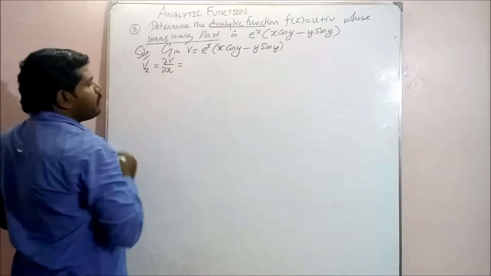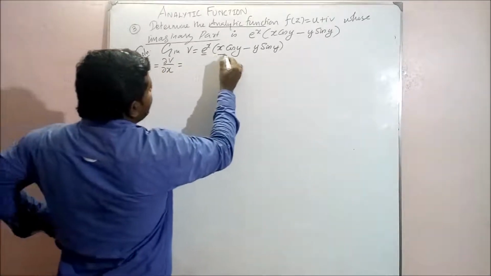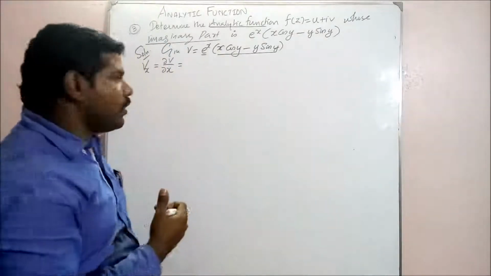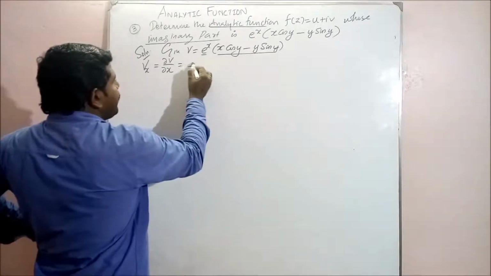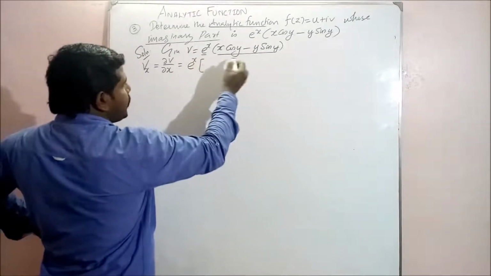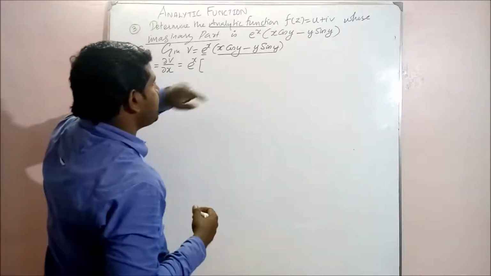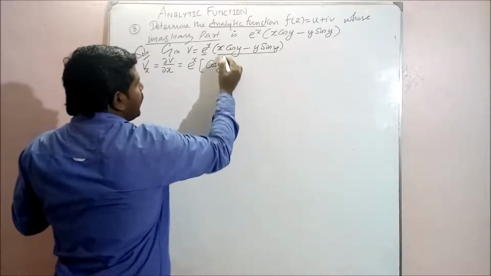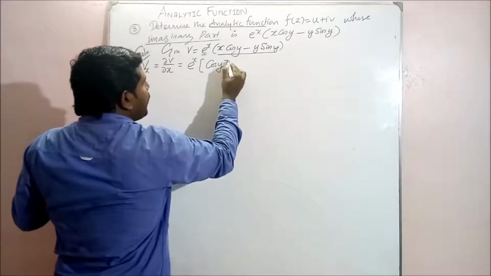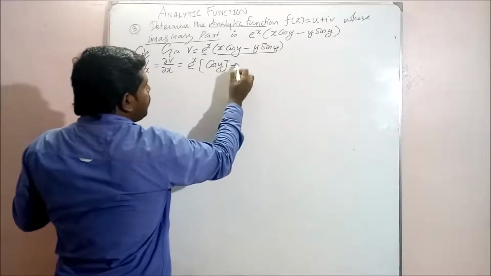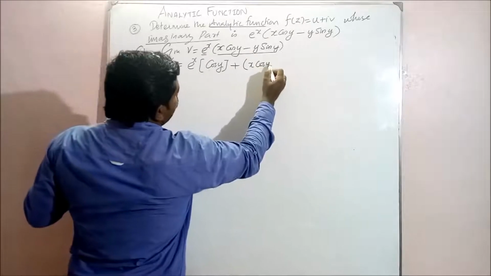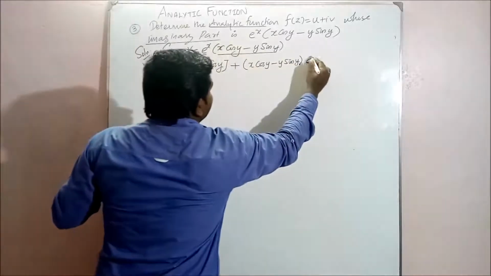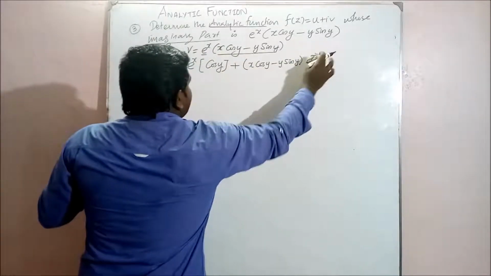When partially differentiating v with respect to x, both terms have x in the product, so we can use the product rule of derivative: first term into derivative of second, plus second term into derivative of first. Differentiating with respect to x, we get cos y into 1 minus, there is no x, so 0. So first term into derivative of second, plus second term x cos y minus y sin y into derivative of first, e power x. This is the product rule.